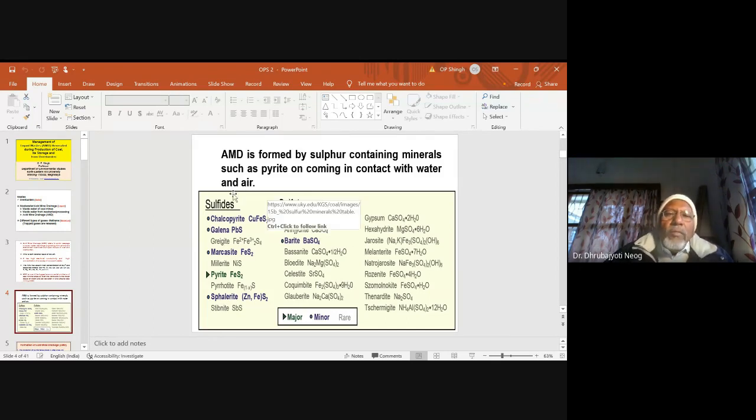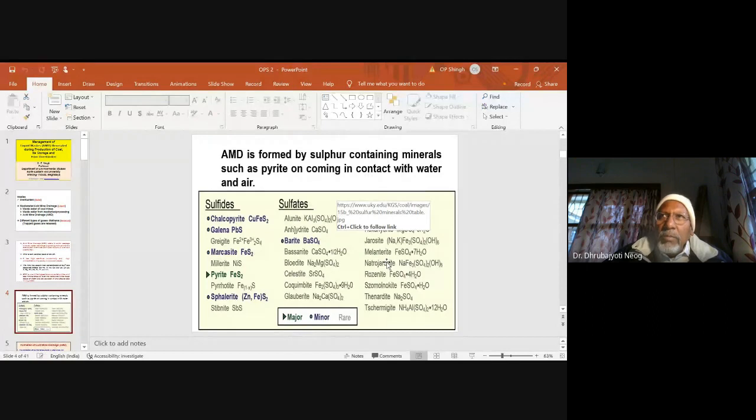These sulfur containing minerals include sulfides and sulfates, and the main sulfur containing mineral is pyrite, that is FeS2. And when these sulfur containing minerals oxidize in presence of air and water, then acid mine drainage is formed, which is highly acidic and contaminated with different types of ions and elements.